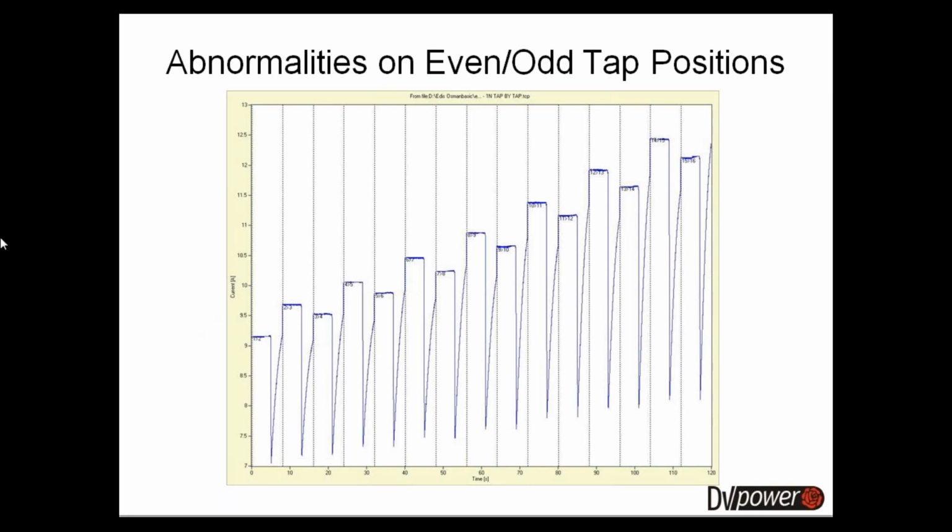Because in some cases it requires more current, in some cases it requires less current, and since the same contact of the diverter compartments is in the circuit in both cases, this means that your problem is probably located on that side of the diverter.